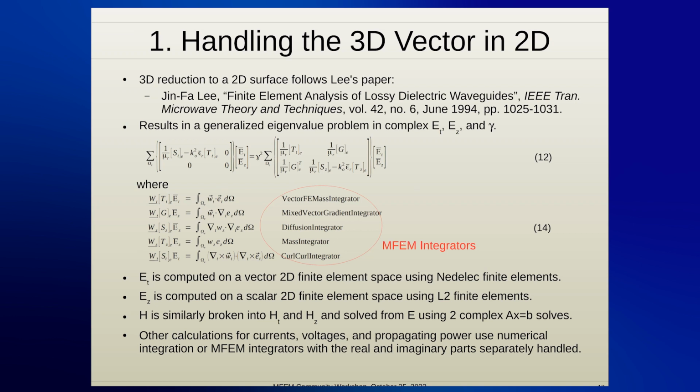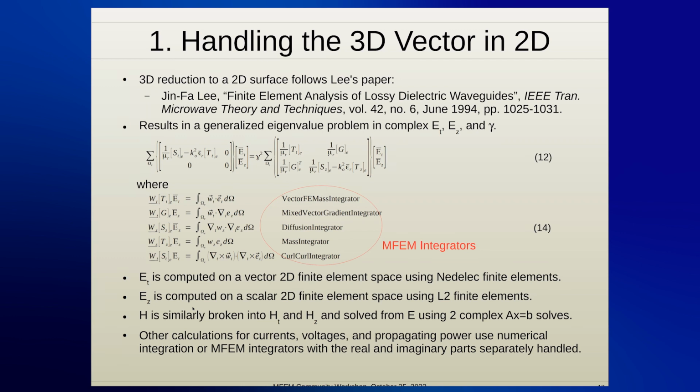This is all a complex operation, but really what I wanted to point out is that, going back to this paper from 1994, all of the matrices that were needed are actually directly computable by MFEM integrators. So it's just a matter of looking at what was called for and then finding the match and then putting that in.